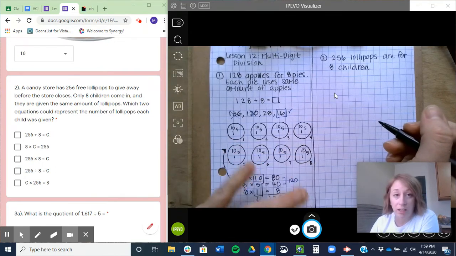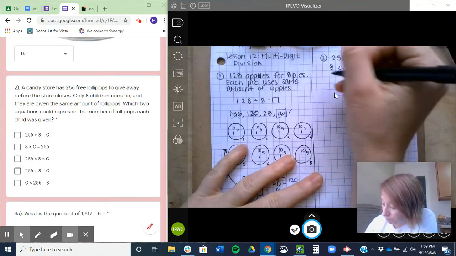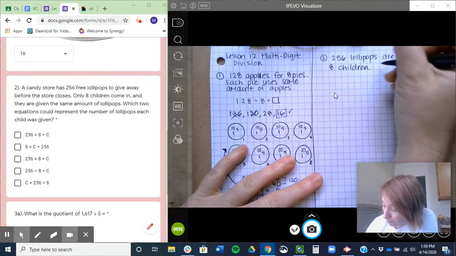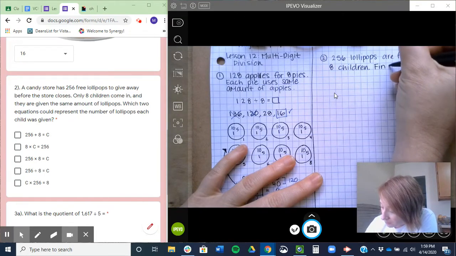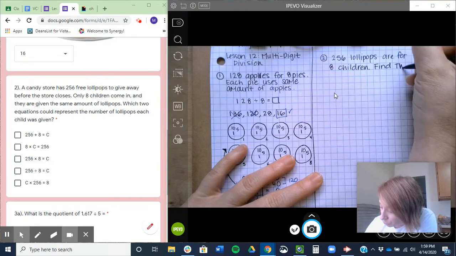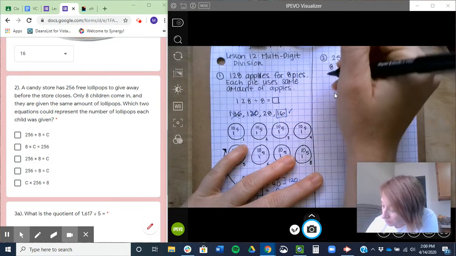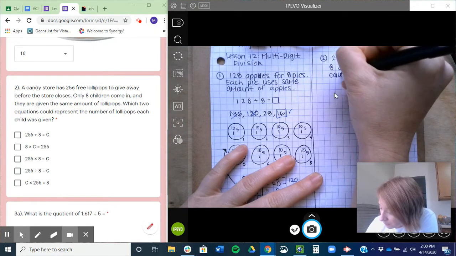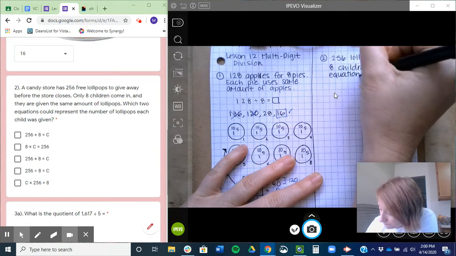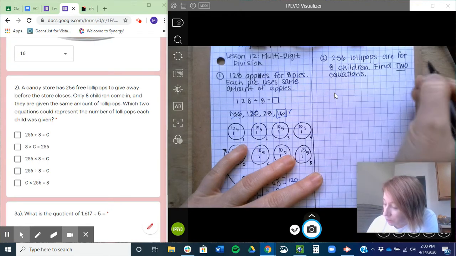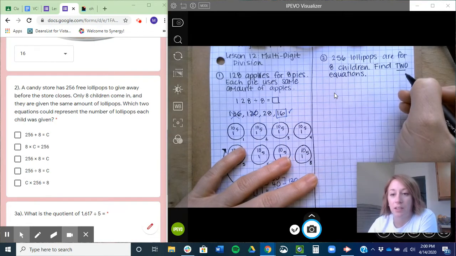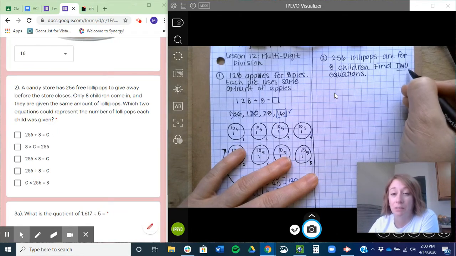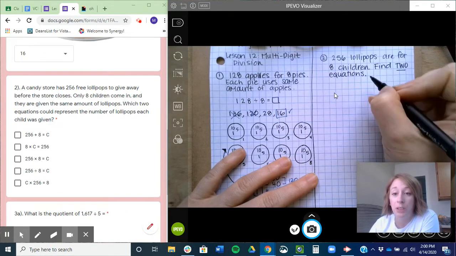So let's also write that on our scratch piece of paper. Find, and I'm going to write the word 2 in capital letters. Equations. I wrote 2 in capital letters to remind me that is specifically what I'm looking for. Find 2 equations.